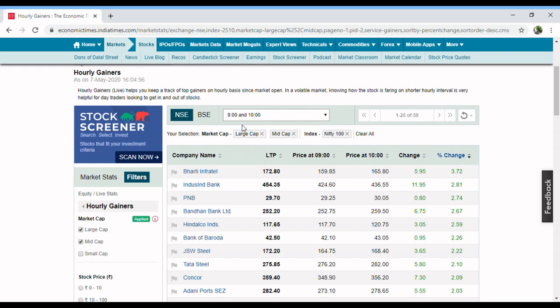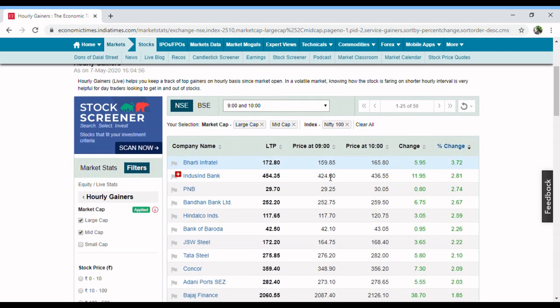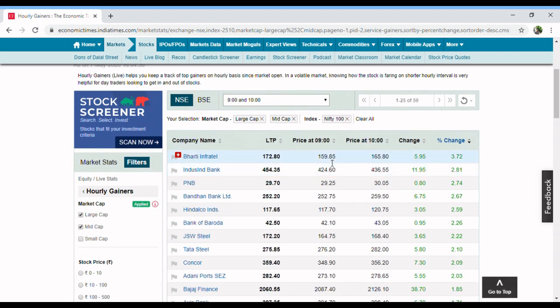By 10 a.m. you can see that Bharti Infratel has moved 3.72%. By 9 it was trading at around 159.85, and by 10 it's trading at 165.80.